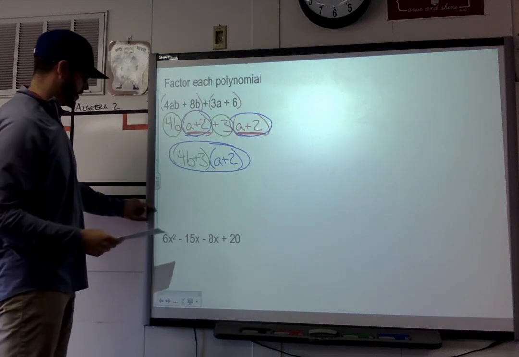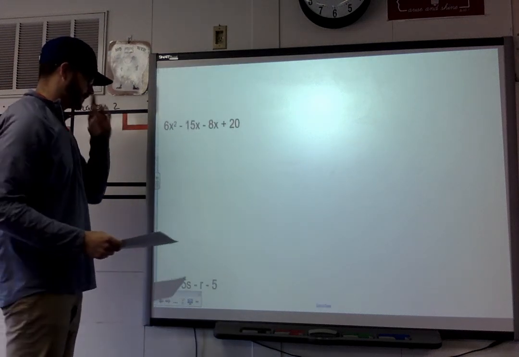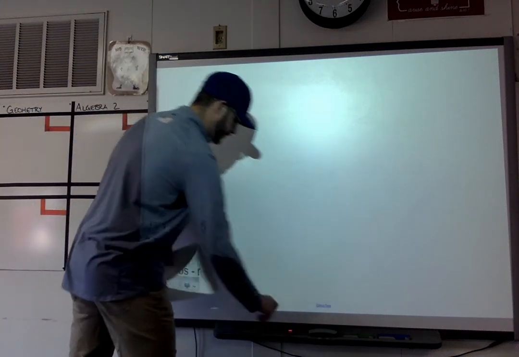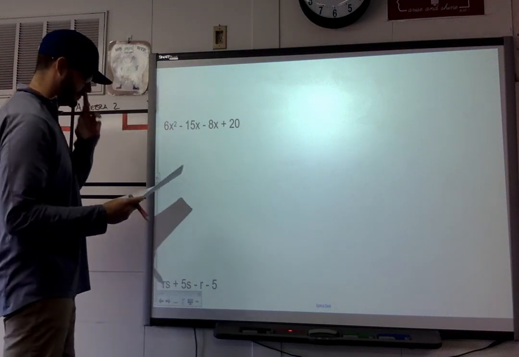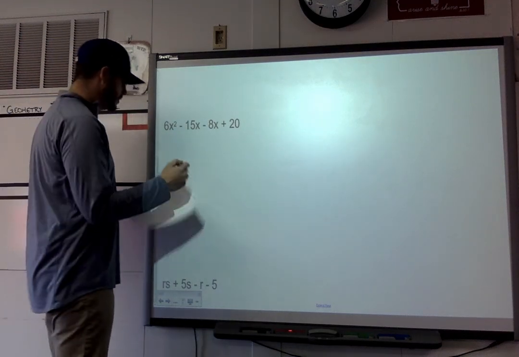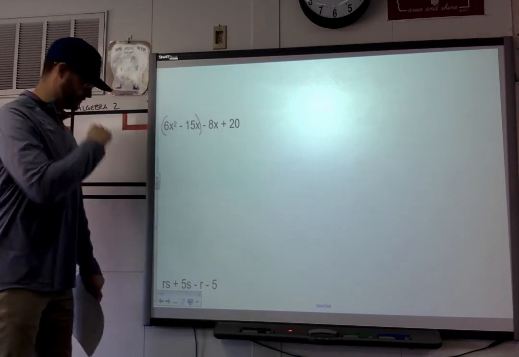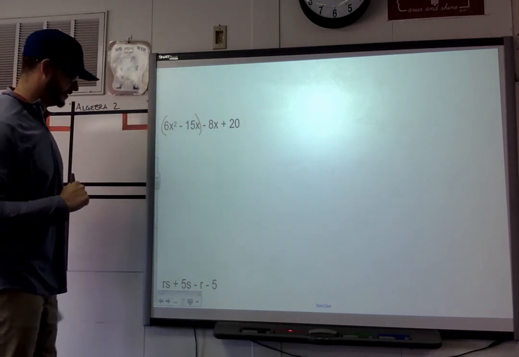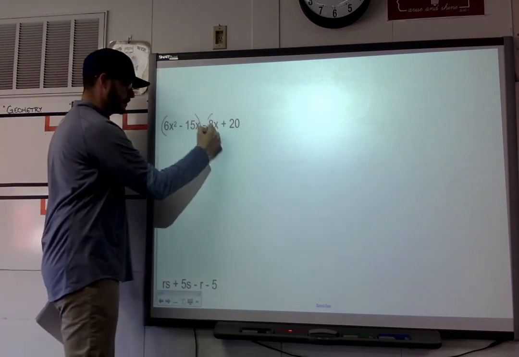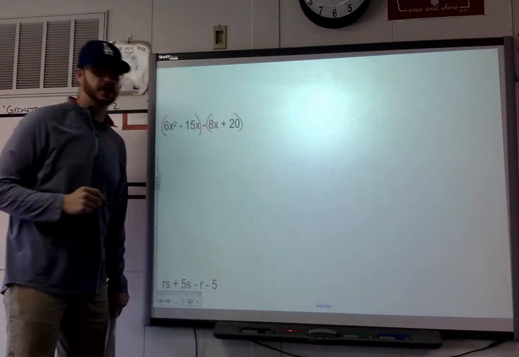Let's do another couple examples here. So again, we're going to group different sets together. So we're going to group our first 2 together, 6x squared minus 15x. Then we're going to group 8x plus 20 together.